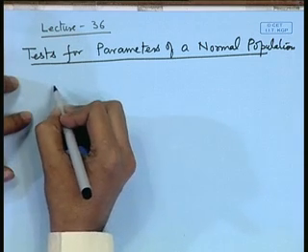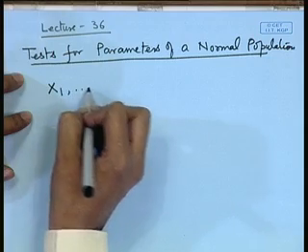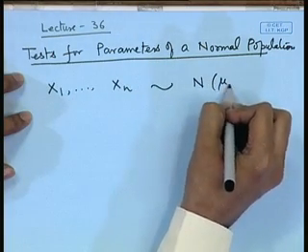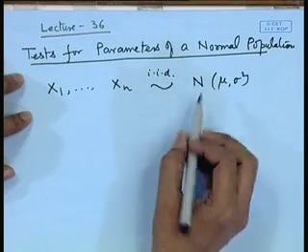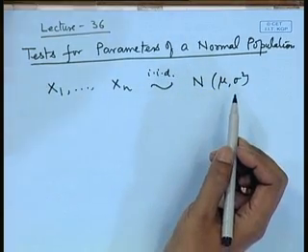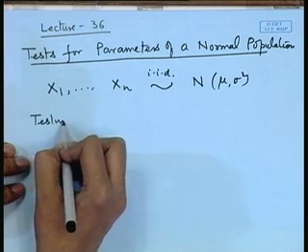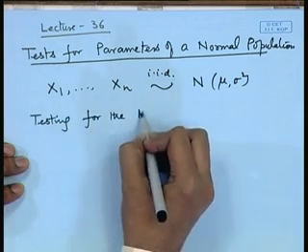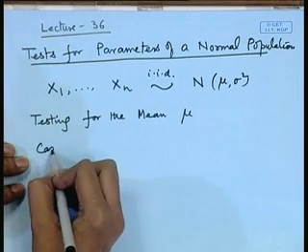testing for the mean. So, consider the situation, say, x1, x2, ..., xn following normal mu, sigma square. So, we have a random sample from a normal distribution with parameters mu and sigma square. We may be testing for the mean mu. So, there may be two cases.